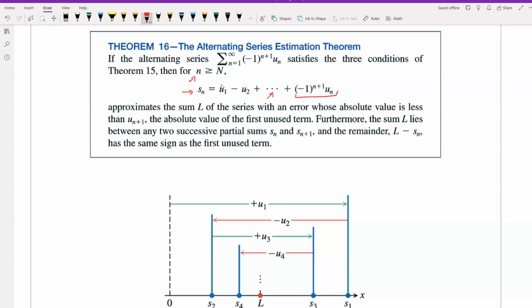So this part is exactly what we have here on this part.